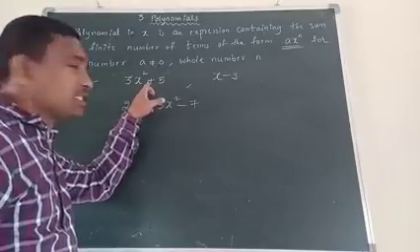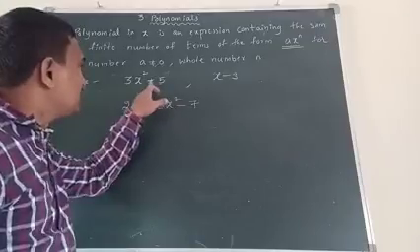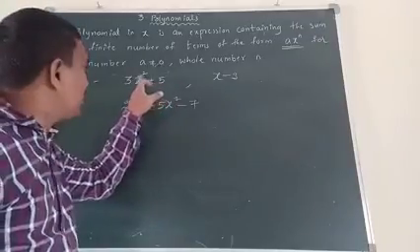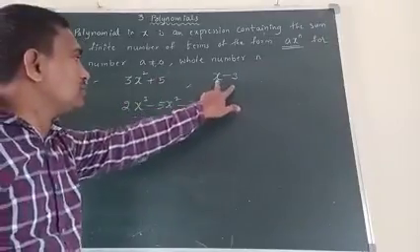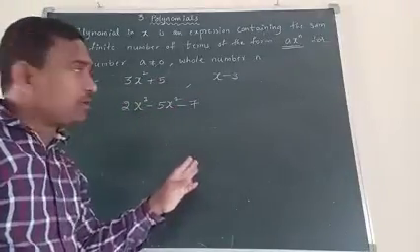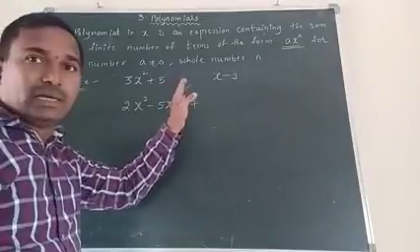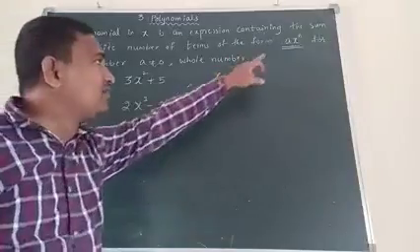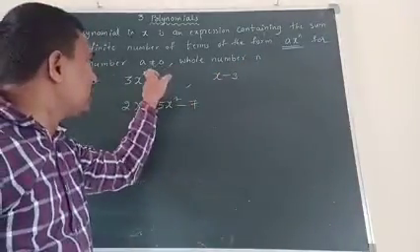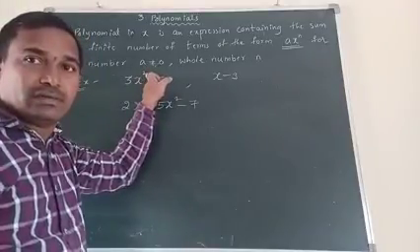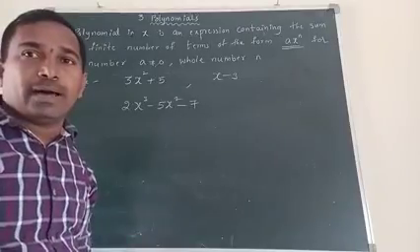So this is one expression containing the sum of two terms. This expression is in the variable x. So here two terms, here two terms, and here three terms. So an expression in variable x containing the sum of terms, where the terms are in the form of a into x power n, where n should be a positive integer, that means n should be a whole number. So these are some examples of polynomials.